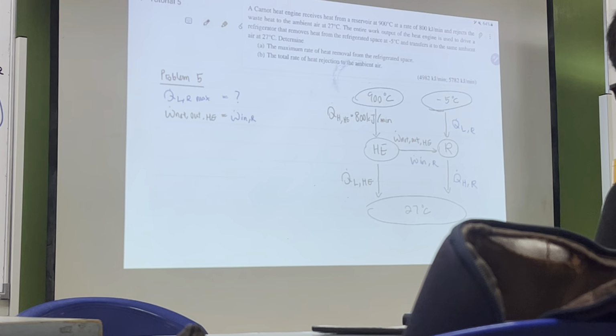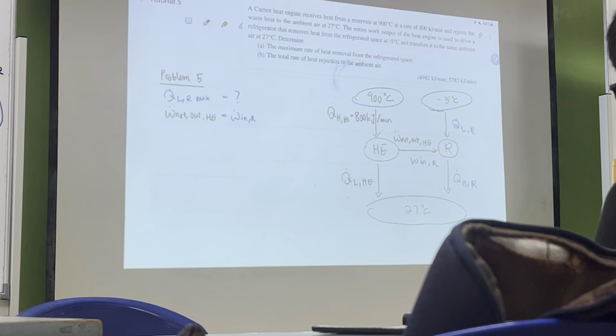One more, like I said, keyword, the very first sentence. It is a Carnot heat engine. So if this is a Carnot heat engine, this will give you the maximum thermal efficiency.